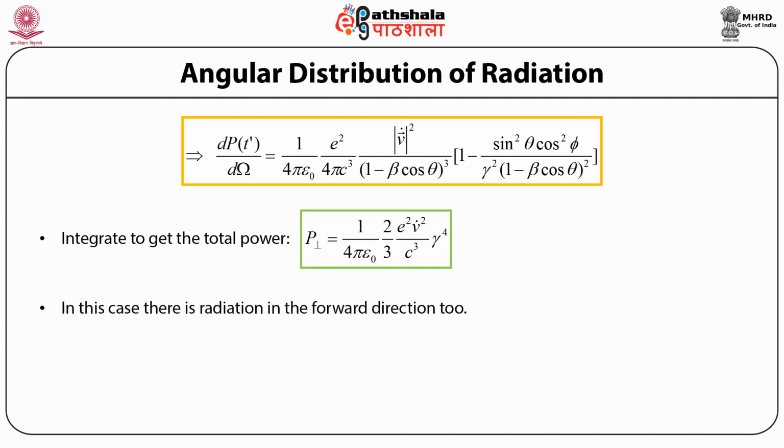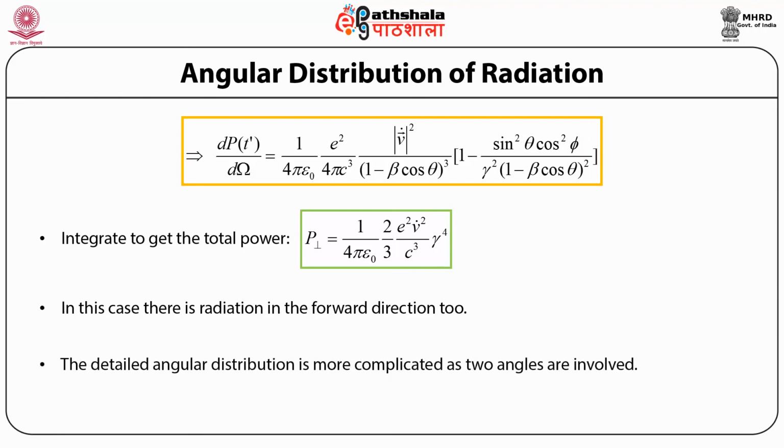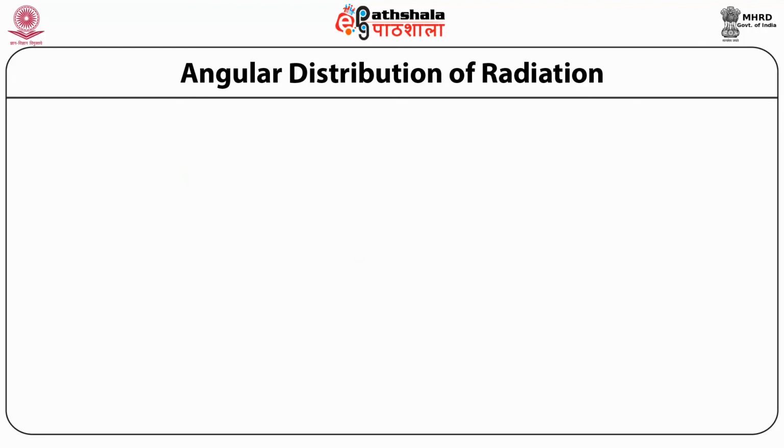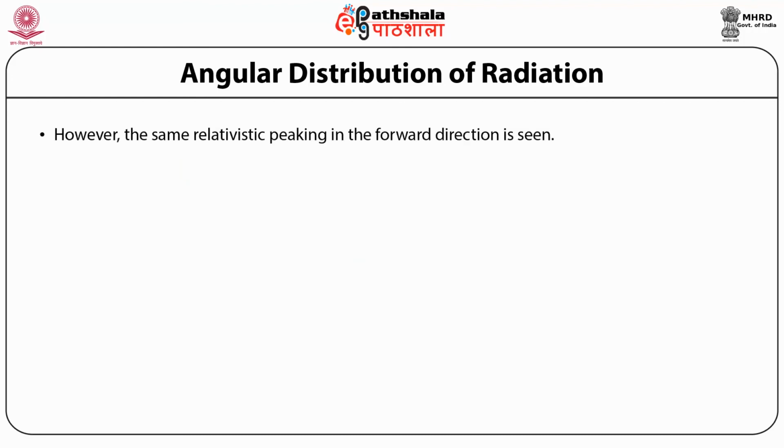So, in this case, there is radiation in the forward direction, that is theta equals 0. The detailed angular distribution is rather complicated as two angles are involved. However, the same characteristic relativistic peaking in the forward direction is seen.